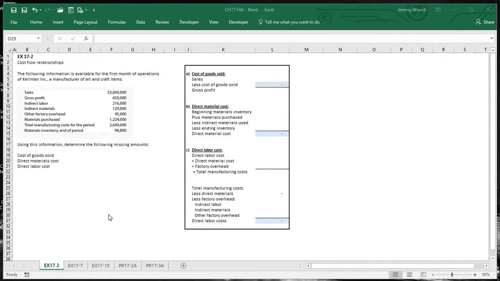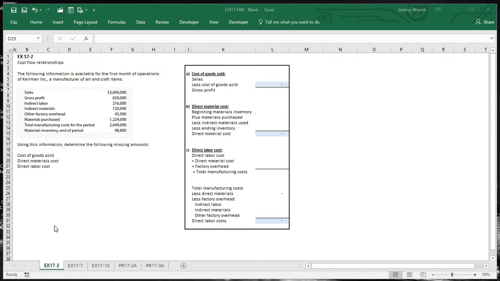So let's open up the blank chapter 17 homework Excel file, and we're going to start with example 17-2. This is just a quick, easy problem that looks at the relationship between these different costs and terms and totals.